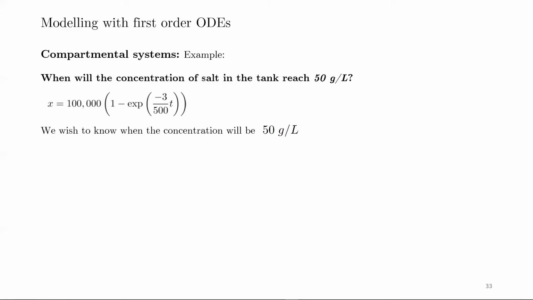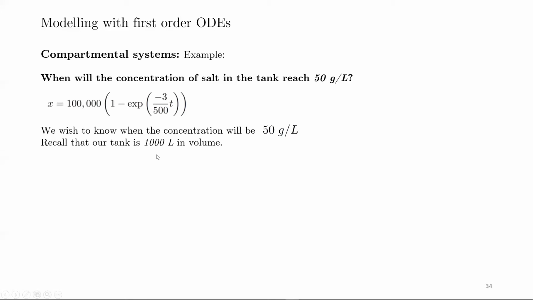Okay, it's not quite as simple as setting x equal 50, because recall x is the mass in the tank, so that's in grams, but we're actually looking at a concentration. We're looking at grams per litre, so we have to take into account that our tank has a volume. Okay, so our tank is 1,000 litres in volume.